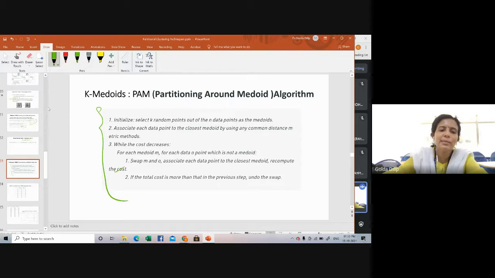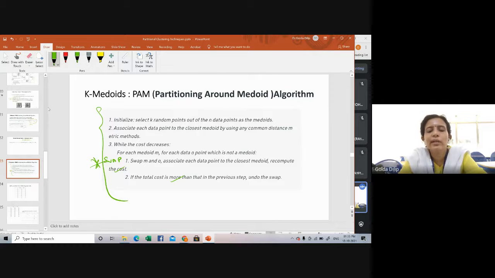This is the swapping step, and that's the central theme as far as the medoid is concerned. If the total cost after computing is more than in the previous step, then undo the swap. That's what the concept of the k-medoids algorithm is all about.